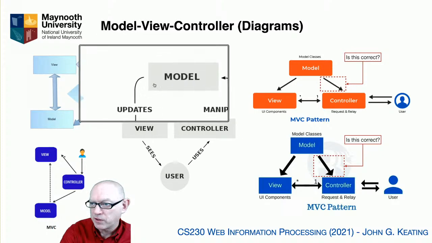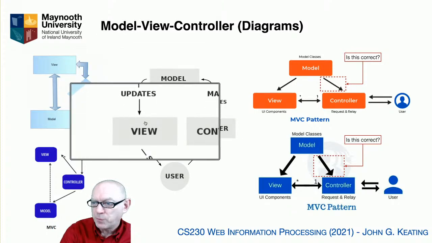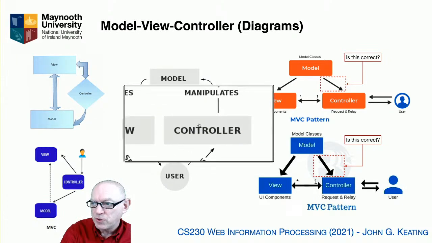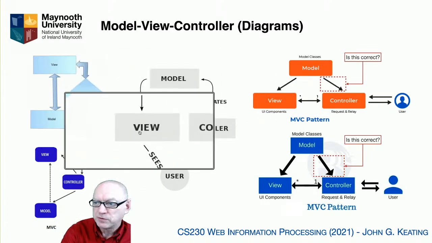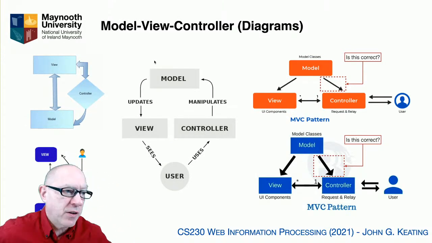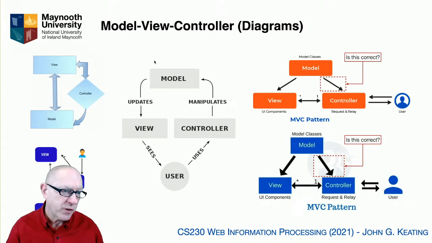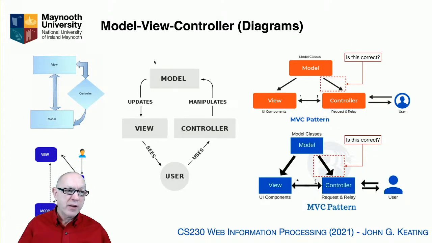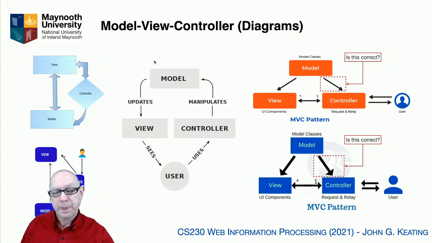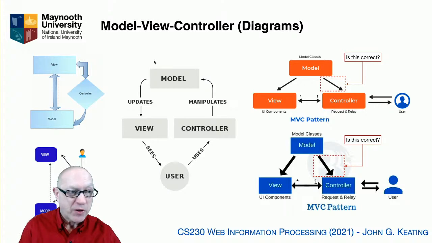So we have a model, and the model updates a view, which can be seen by the user, who uses a controller to manipulate the model. This is a bit like how a spreadsheet would work. And maybe that gives you an example there from the question. So you have an online version of a spreadsheet, say, on your Microsoft version of Excel, or you could have Google's spreadsheet or Apple's iWork software and Numbers.